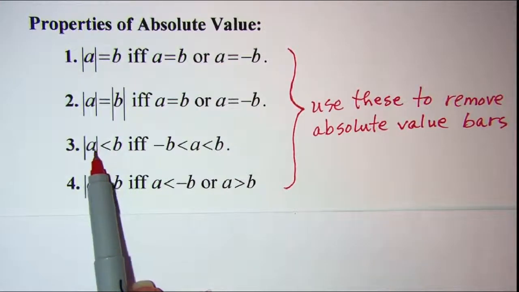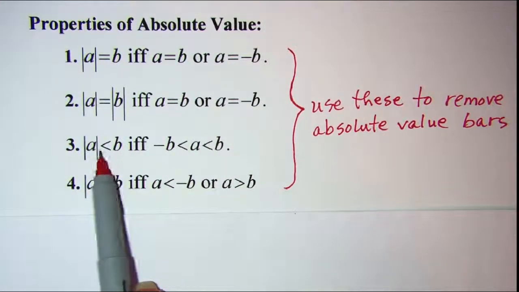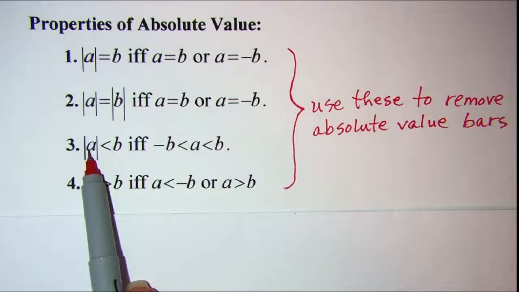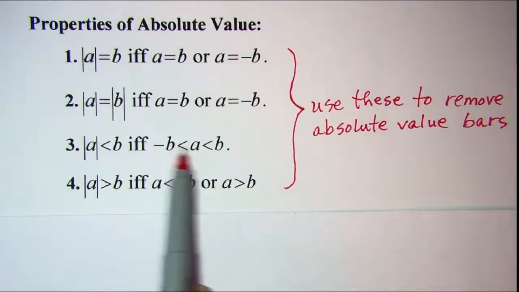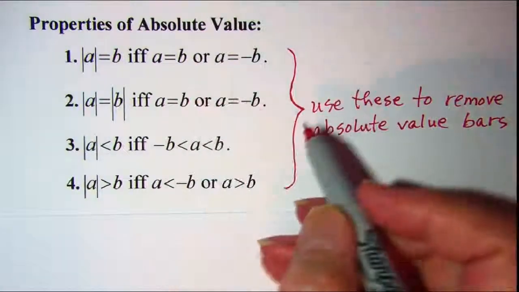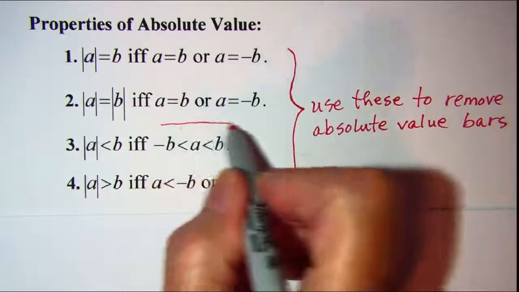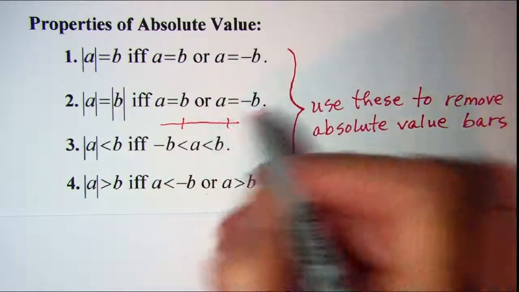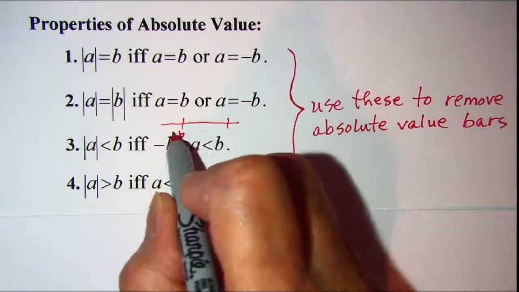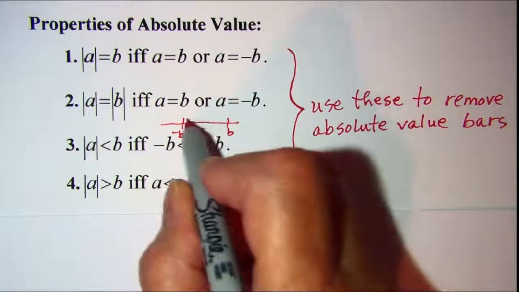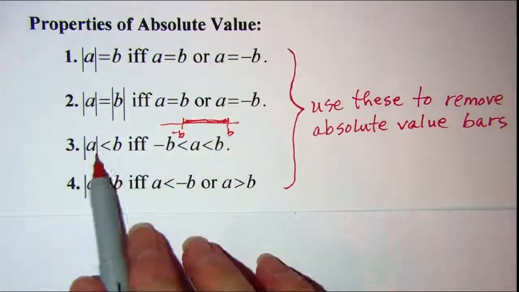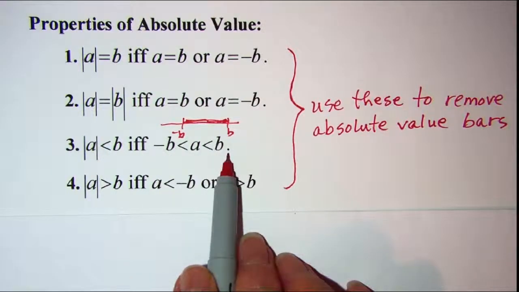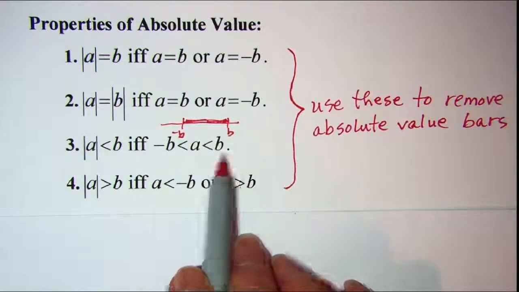Now, if we have an inequality, then if it's absolute value of a less than b, remember that this was the one that was in between the two. So this was -b and this was b, and it was in between there. So to remove our absolute value bars, you write this statement, this 3-part inequality.